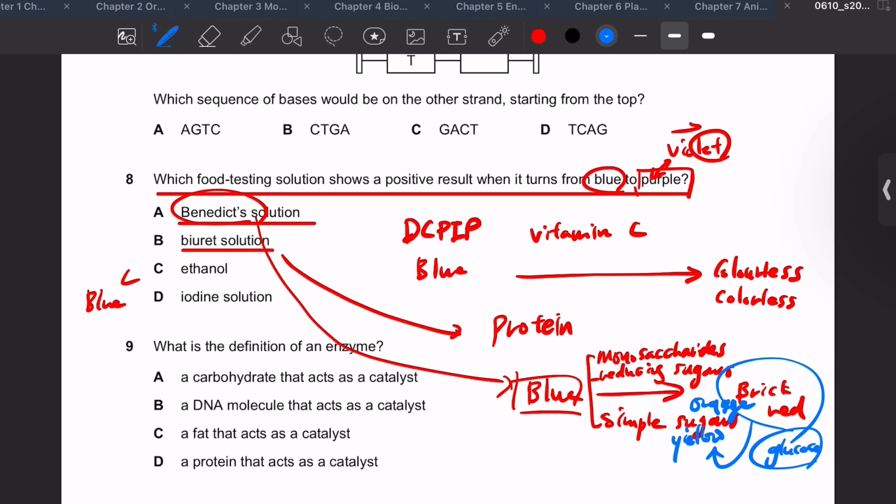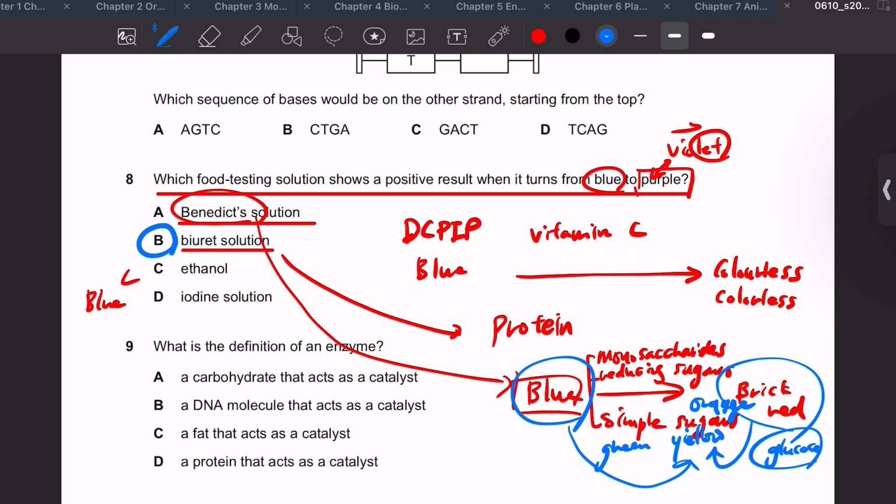And then if there's even less glucose molecules, then it's going to change to yellow. If there's less than that, it's going to change to green. And then if there's no glucose molecules, then it's going to remain as blue. So, yeah. For this question, the answer should be B.